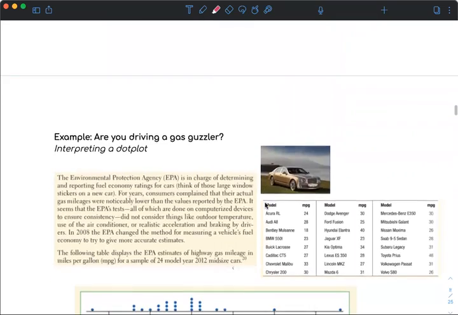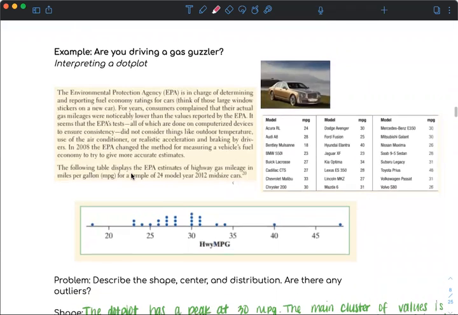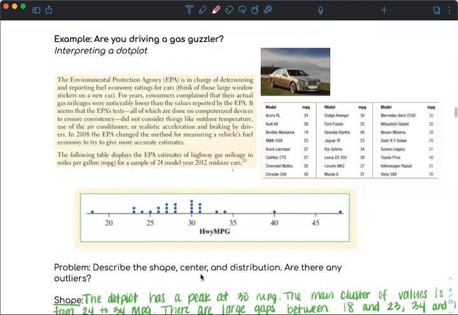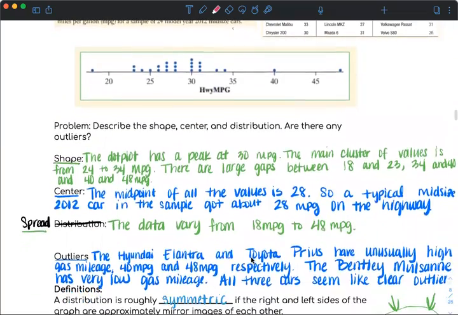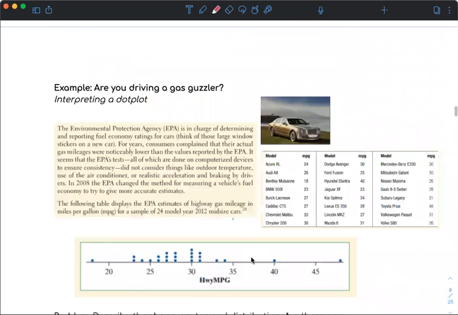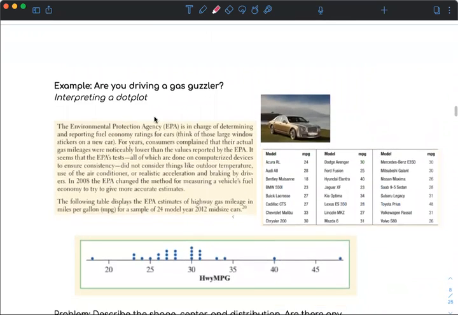For the next example, we'll actually be writing out the shape, center, and spread. In this example, we are talking about the miles per gallon in a mid-size sedan, mid-size car. Here are all the values that they give us, and this is for 2012 cars.